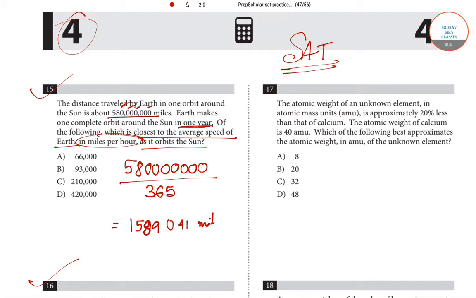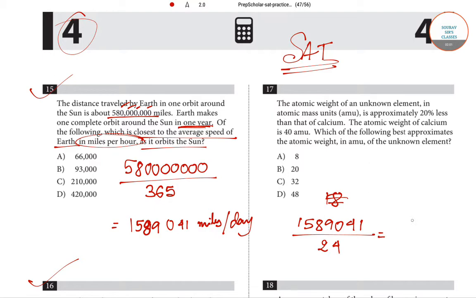So this is the miles per day speed of Earth. Now to move from miles per day to miles per hour, we have to divide this by 24 because there are 24 hours in a day. So 1589,041 divided by 24, this is the miles per hour.